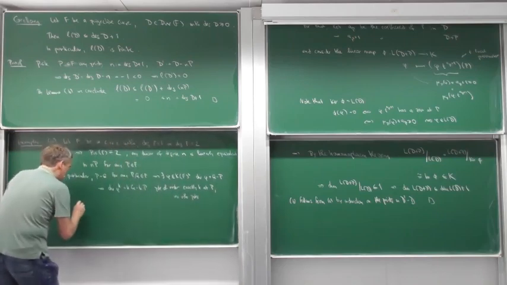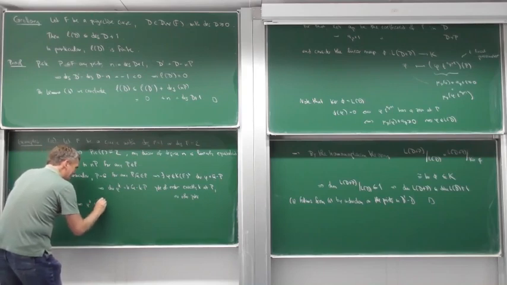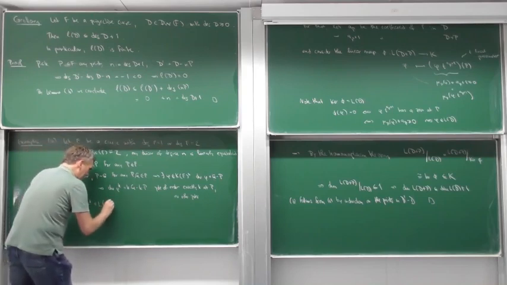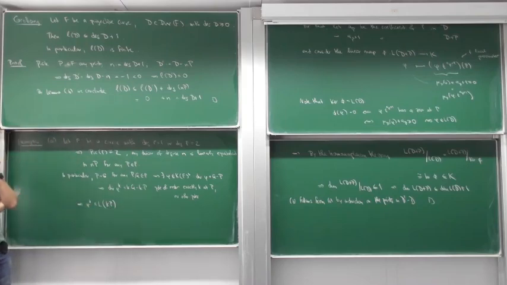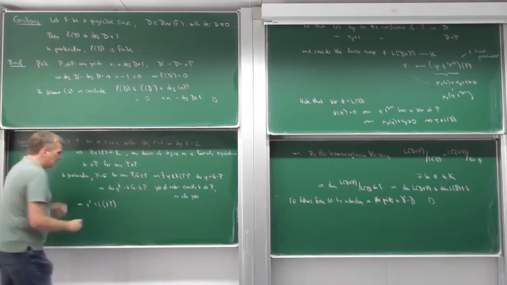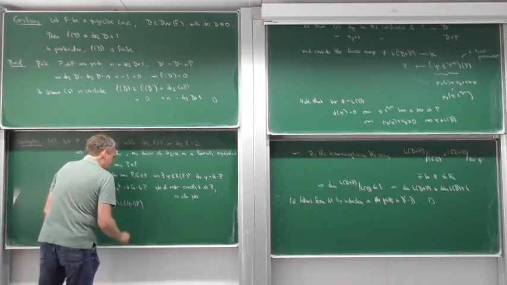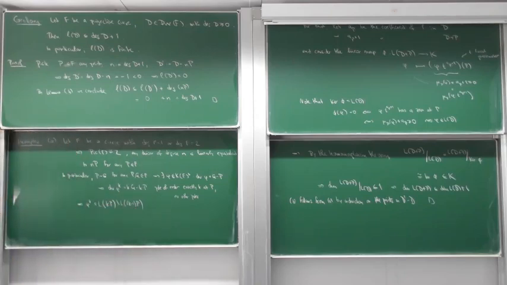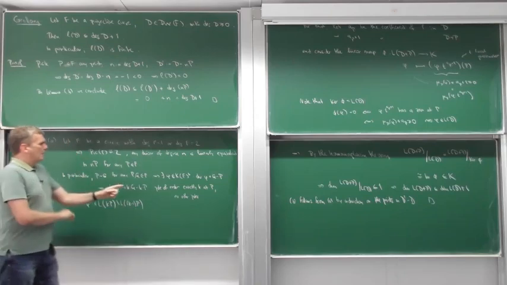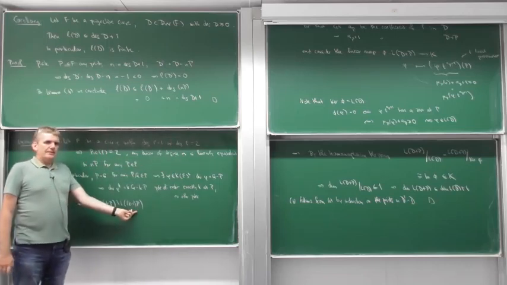And what that means is that this function phi to the k is in L of kP, because these are functions that can have a pole of order at most k, so that's true. But it's not in L of (k minus 1)P, because here we allow only a pole of order k minus 1, but we have a pole of order exactly k, so it's in here but not in there.